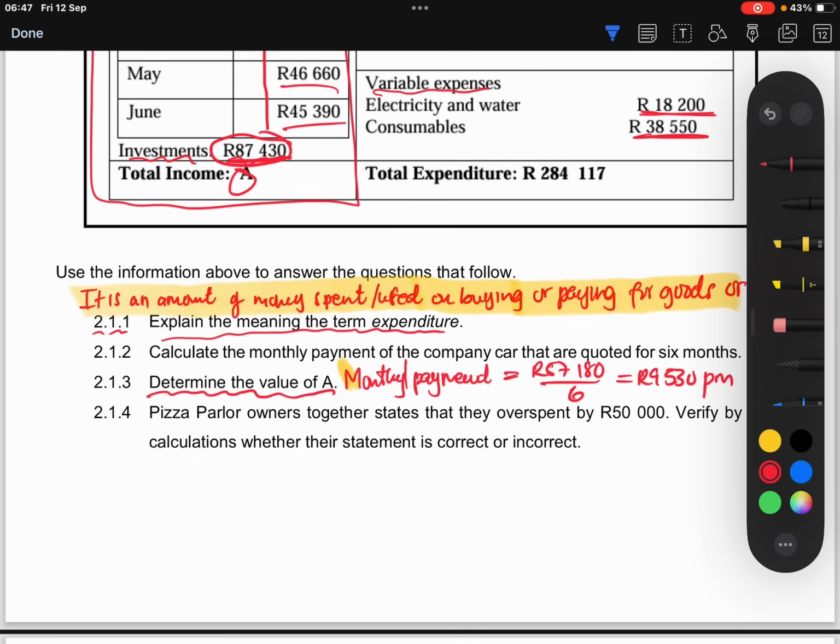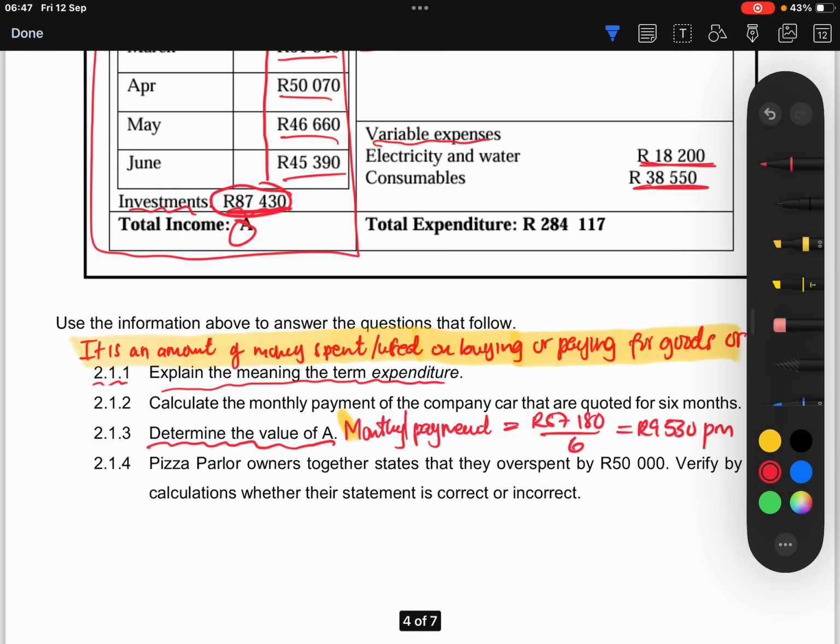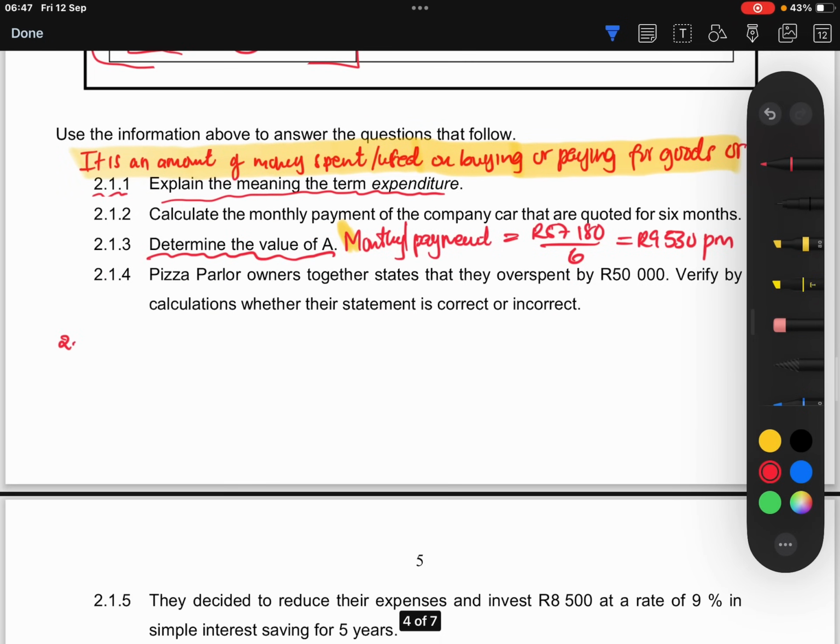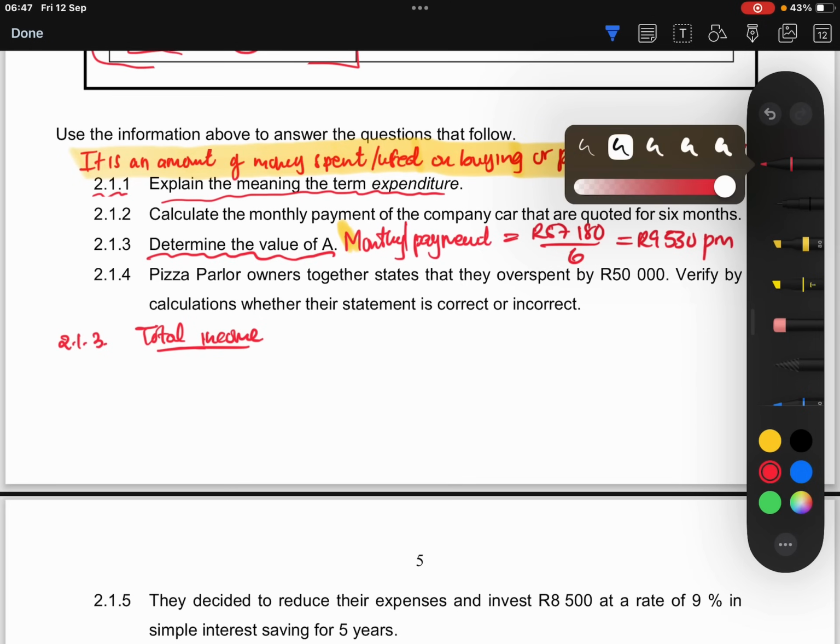2.1.3 says determine the value of A. The value of A here is the total income. So what are you going to do here?